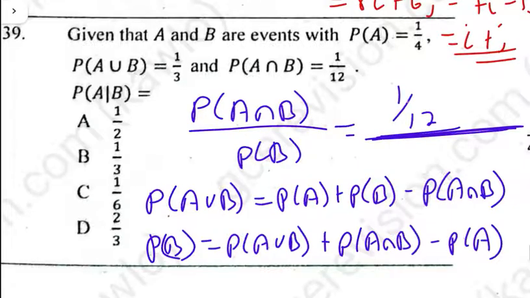A union B is 1 on 3, plus A intersection B, 1 on 12, minus probability of A, 1/4.